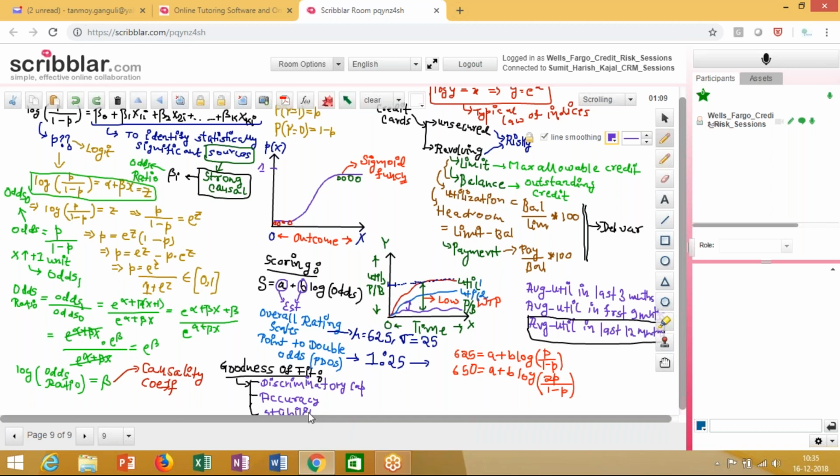People who work in the monitoring domain as well as in the development and validation domain are all aware of these matrices. There are certain industry standard matrices like the Gini coefficient and the K statistic. For accuracy, you have the actual versus expected loss, actual versus expected predictions comparisons.